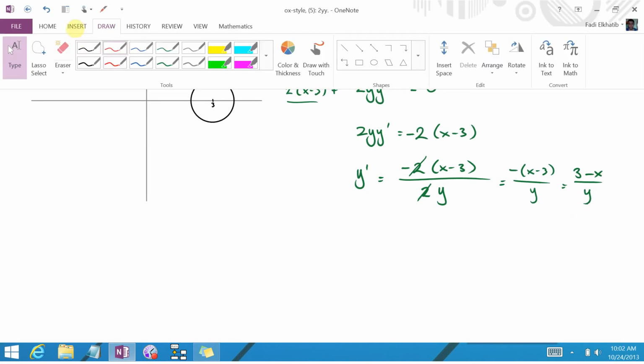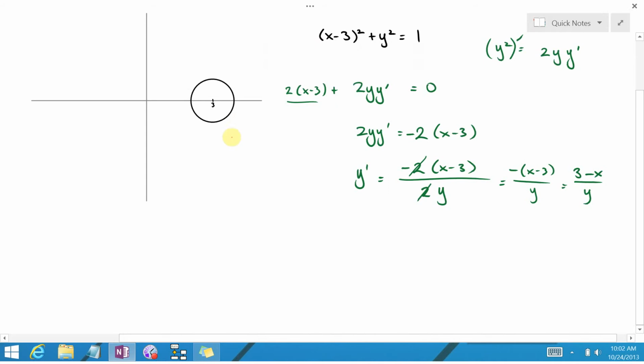Now we're asked about tangent lines, and let's be clear about exactly what y prime tells us.